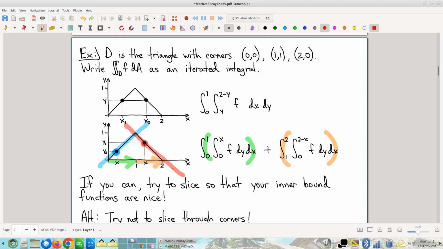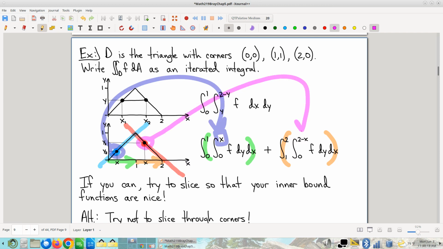So I'm going to have two different pieces of algebra here. I'm going to need to solve for y in this equation to get that upper bound for y, and I'm going to need to solve for y in a different equation to get that upper bound for y.